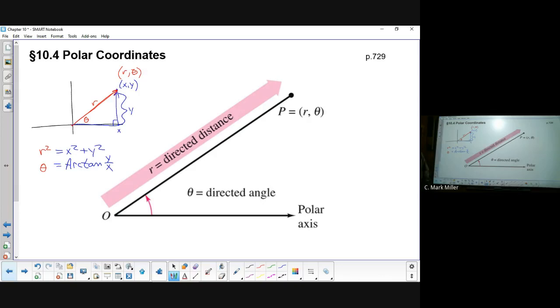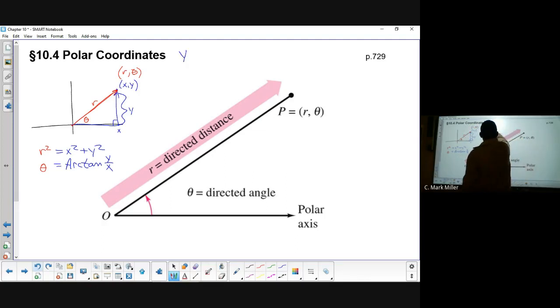Well, if you know basic trig functions, this is going to be opposite over hypotenuse, which is going to equal the sine of theta. Opposite is, excuse me, y.